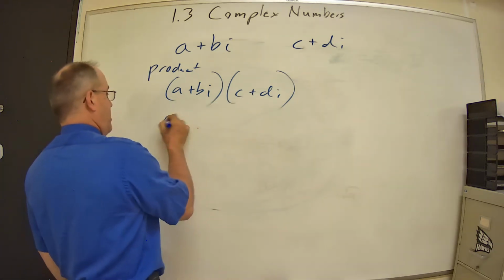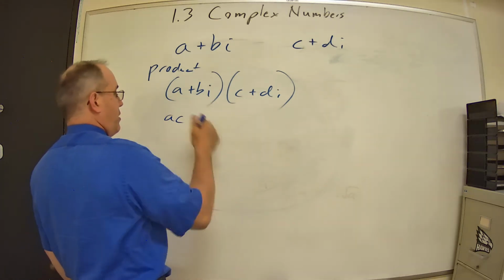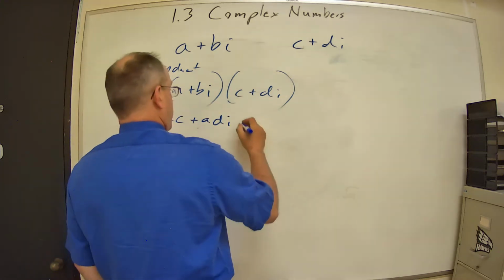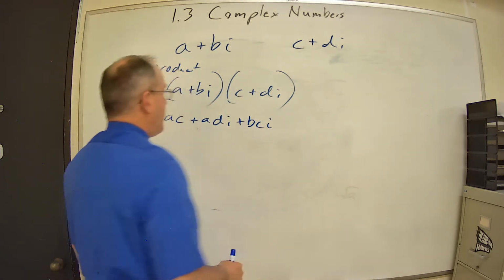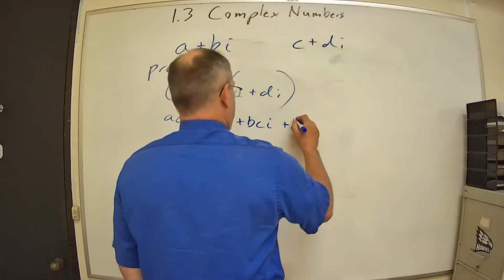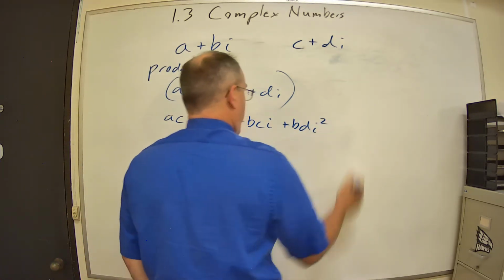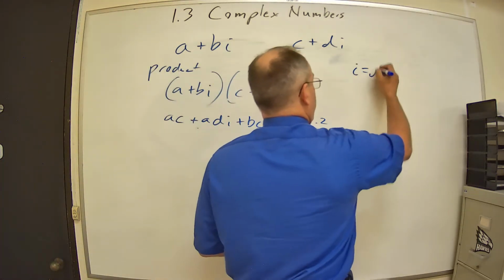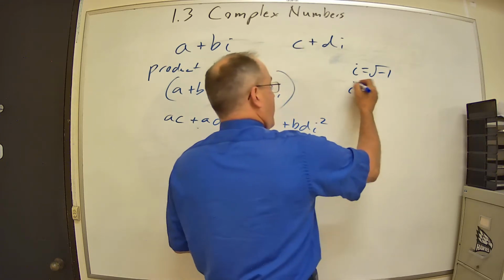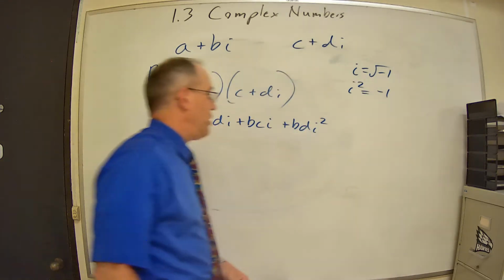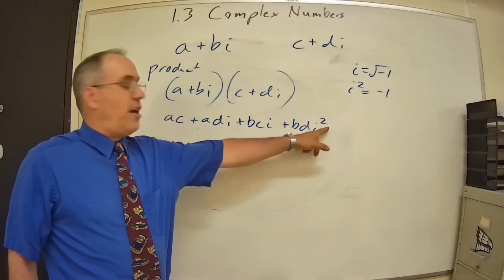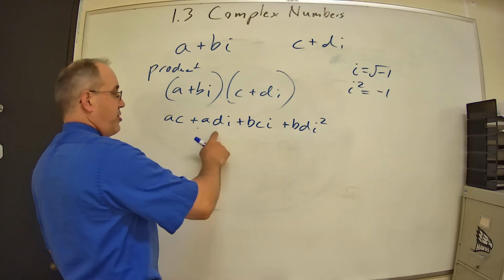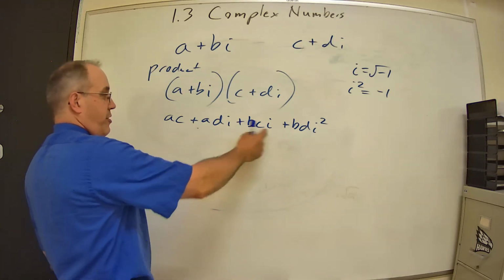First, ac, outer, plus adi, inner, plus bci, last, plus bdi squared. Now remember we said that i is equal to the square root of -1, and that i squared is equal to -1. So we see that this i squared, we can replace with -1. We can also combine these two terms because we have an imaginary and imaginary.